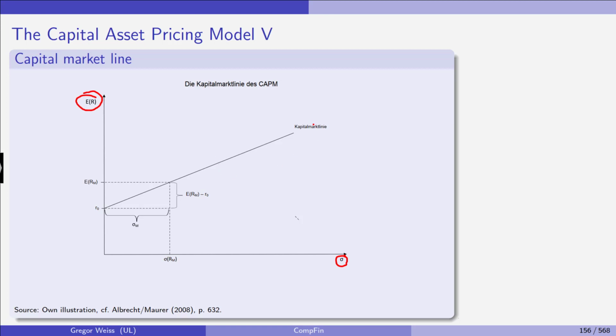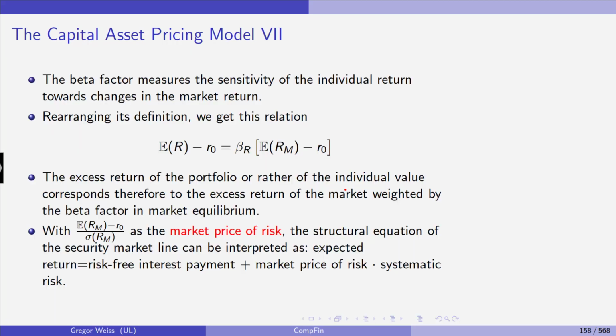The security market line has the beta factor on the x-axis, so this is the difference. Capital market line, security market line, and here we have the mu and sigma of the market portfolio at this point, and we have the beta factor of 1 and the expected market return in the security market line. Okay. The beta factor measures the sensitivity of the individual return towards changes in the market return.